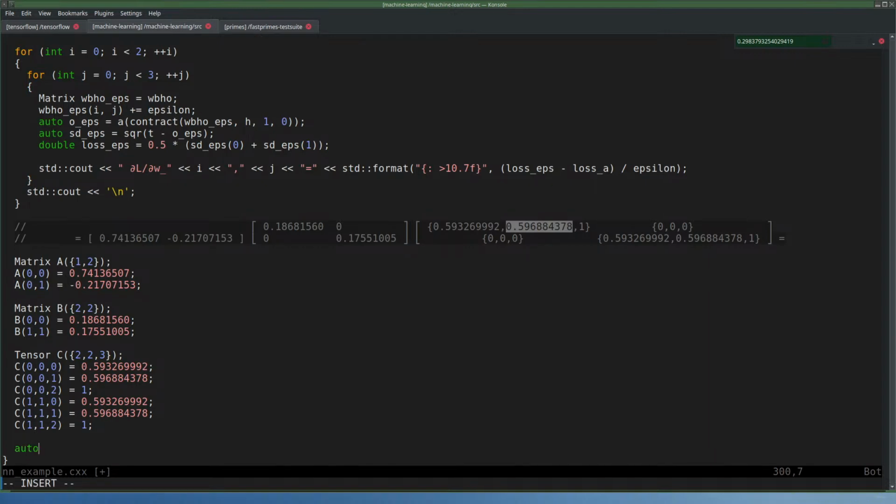And now we can multiply this. Let's call this result equals, are we going for it? What was it called? Contract. Now, let's say we multiply these two first. Why not?